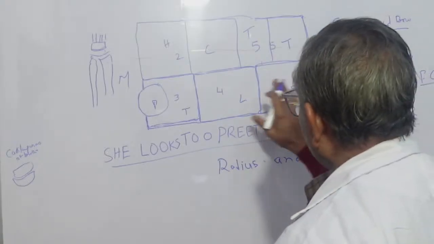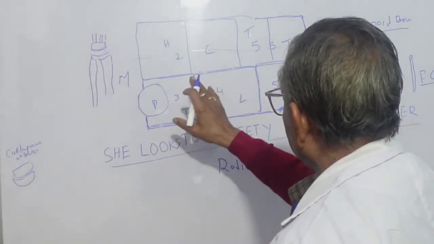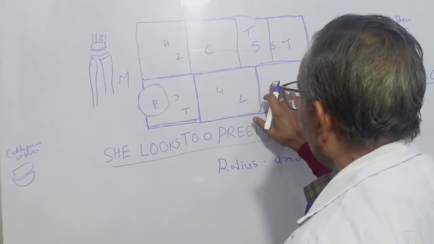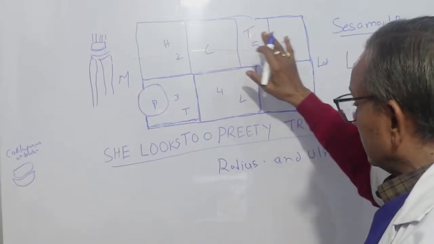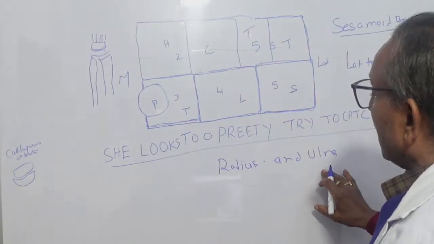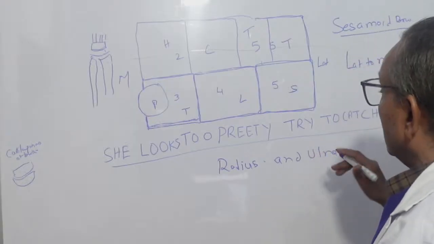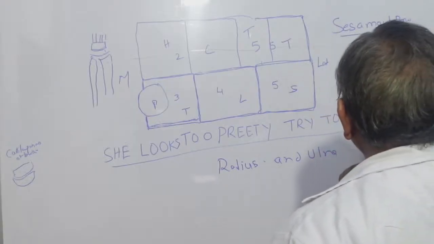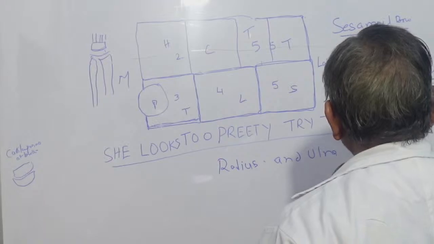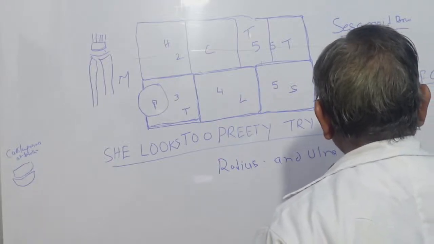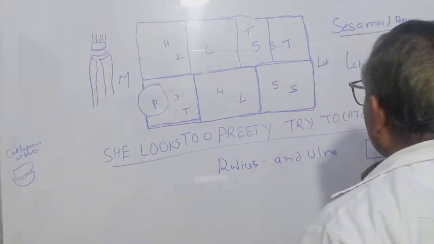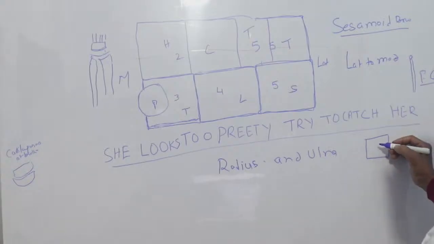Then you have arranged from lateral to medial, proximal row and the distal row. Then you are asked about its ossification. Any bone that develops is first in cartilaginous form, except a few like clavicle that develops in membranous form, not in cartilaginous form.